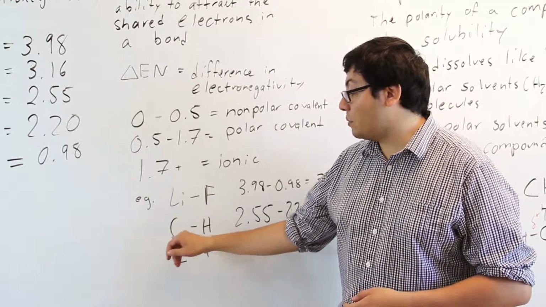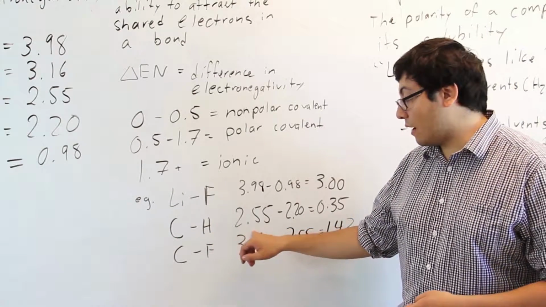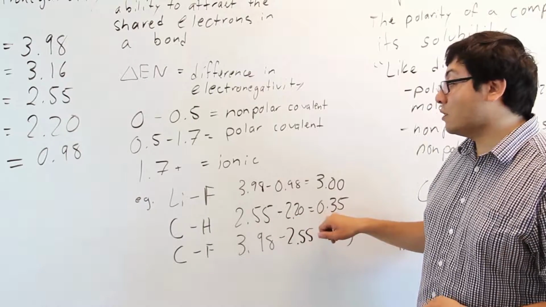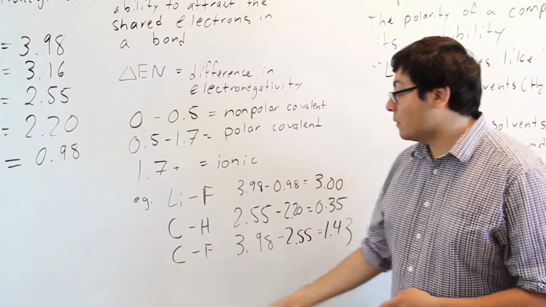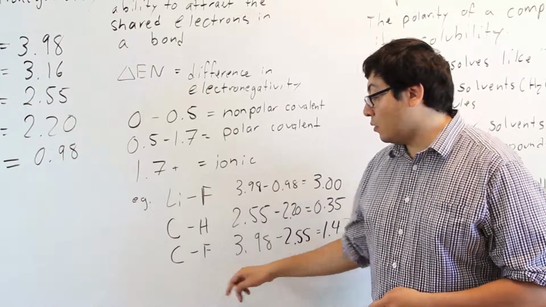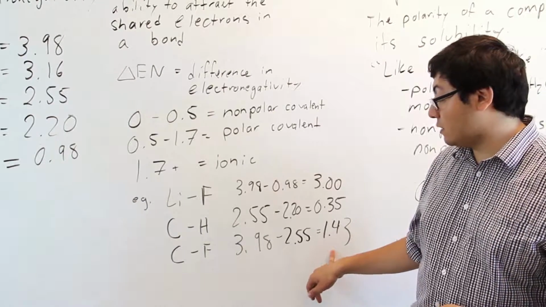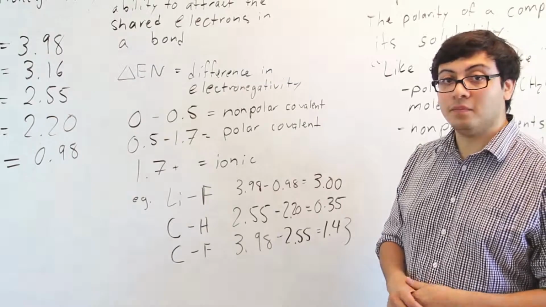If you take a look at the bond between carbon and hydrogen, carbon's electronegativity is 2.55, and hydrogen's is 2.20. If you subtract that, you get 0.35, which makes it a nonpolar covalent bond. Between carbon and fluorine, fluorine is 3.98 and carbon is 2.55. The difference is 1.43, which makes it a polar covalent bond.